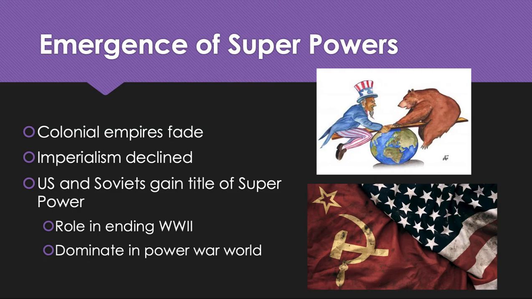The US isn't really going to force this issue, but it will encourage European imperial powers to negotiate an early withdrawal from their overseas colonies. The United States is itself going to try to lead by example, by granting independence to the Philippines in 1946.